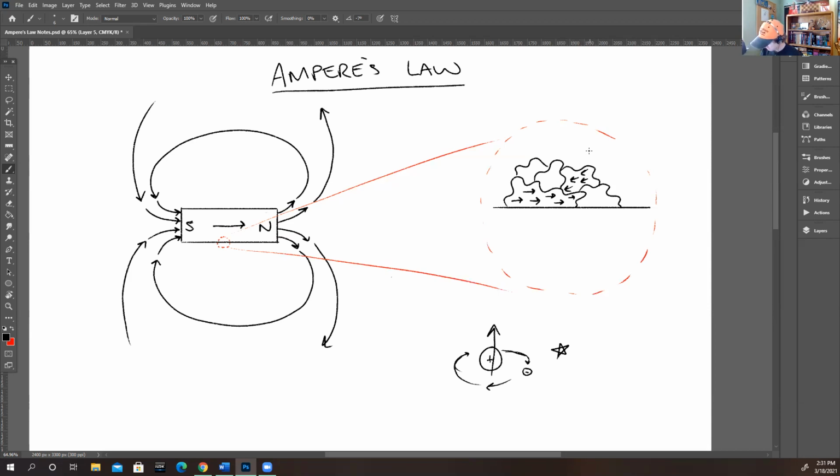The direction from this blob cancels that domain, and there are millions of different directions canceling each other. But in a magnet, all of the domains are aligned, or all of the magnetic moments are pointing the same direction.